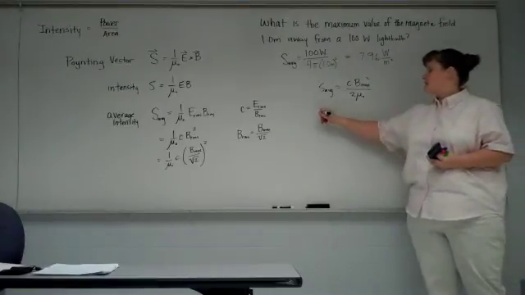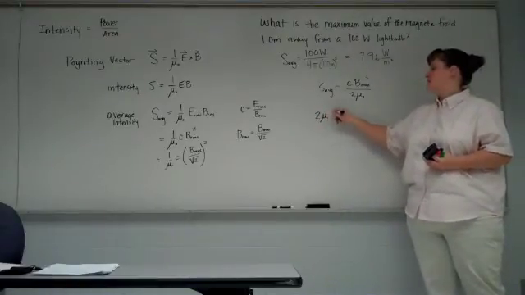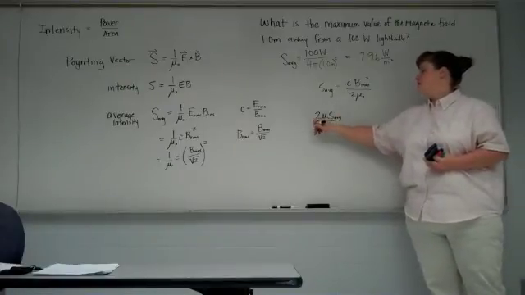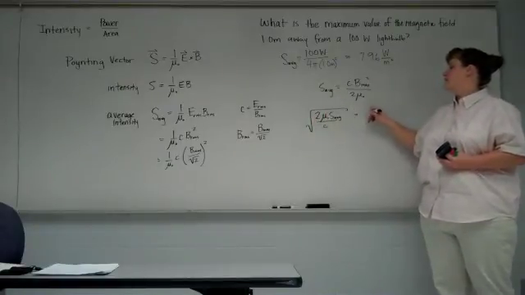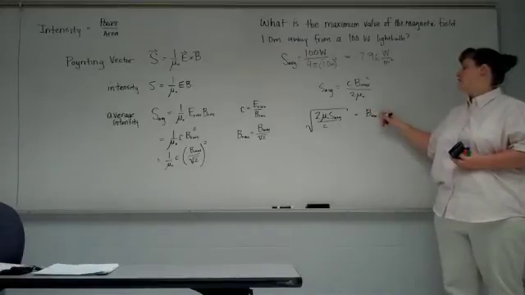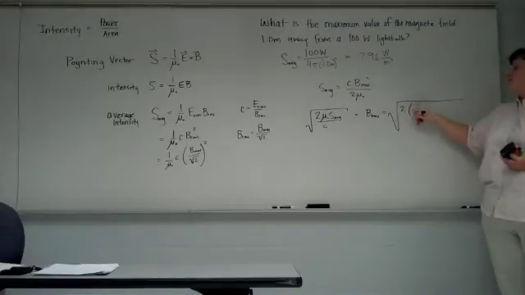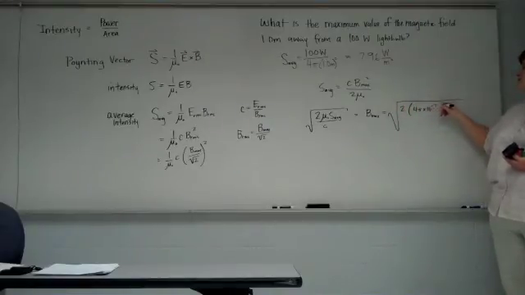So solving for B max, mu naught is 4 pi times 10 to the negative 7.